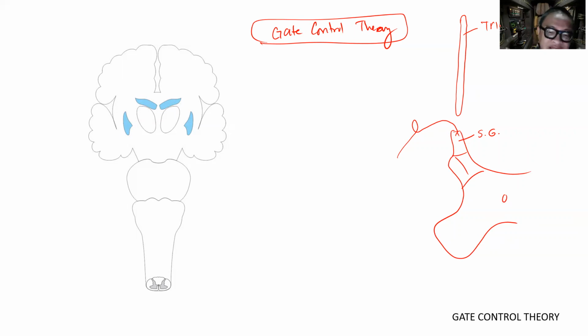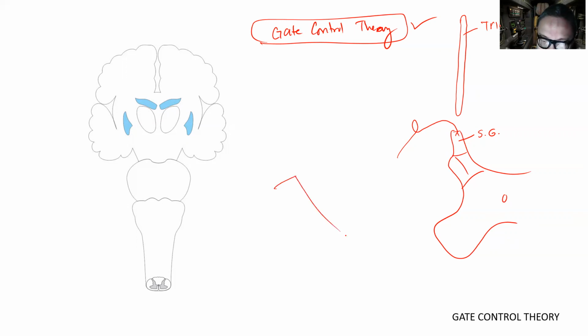Now, the second option is, of course, if you want to look cool, you just bang your head. People are all looking at you. Your option is to just hold the pain, play it cool, don't do anything with a straight face, just sit down and pretend you're not dying from pain. Now, which one is better? If you want to look cool, the second option is better. If you want the pain to go away, you do this. Why? You're basically employing your gate control theory.